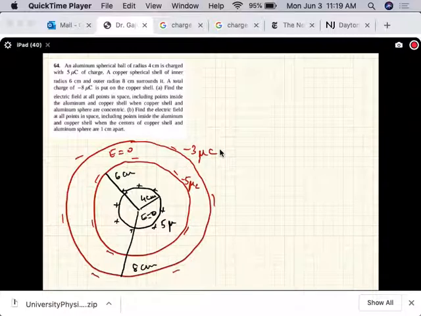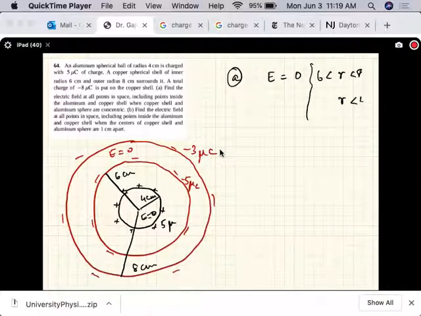So we have to find the electric field for R between 4 and 6 centimeters, and then for R greater than 8 centimeters. The regions between 6 and 8 centimeters and R less than 4 centimeters are already known to be 0.